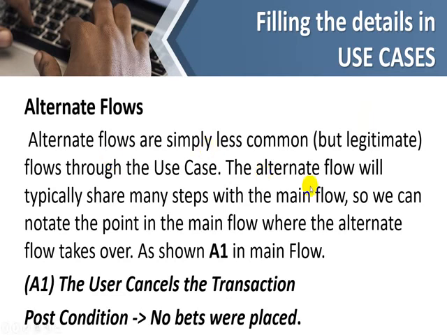The alternate flow will typically share many steps with the main flow. So although we have a main flow that is doing the thing right, there can be an alternate flow, and it can appear when we have that alternate condition. So we can notate the point in the main flow where the alternate flow takes over. Wherever we are writing down the main flow, we also mention the alternate, as shown E1 in the main flow.